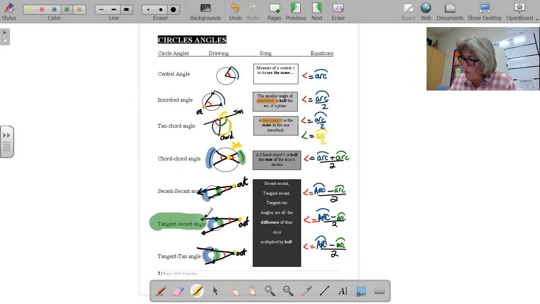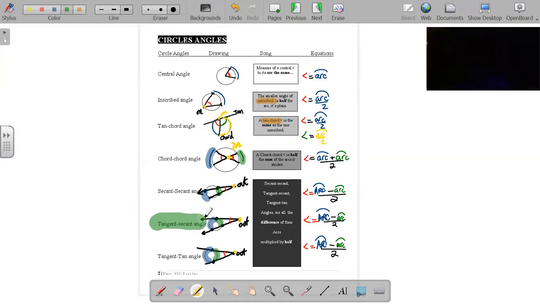So we see what we've been given here. VXW is 76. So VXW, the angle is 76. And we want to find this arc, and you're like, there's nothing there. So what do?